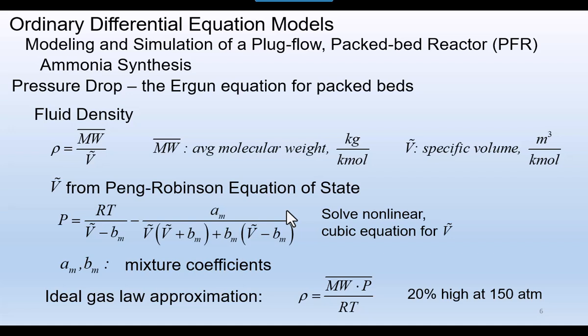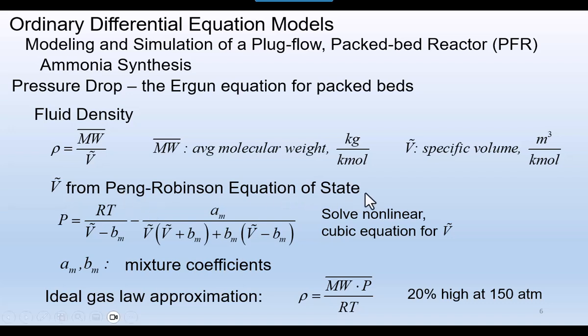And in handling that, we have to know the fluid density, and the fluid density we can take as the average molecular weight over the specific volume. And in this case, we can get the specific volume from an equation of state which is appropriate for modeling these gases at high pressure.